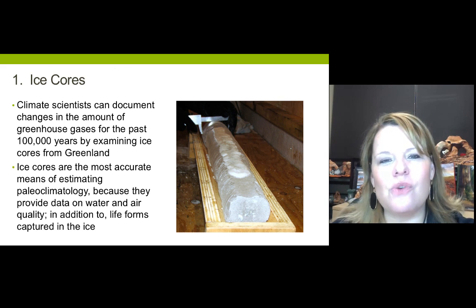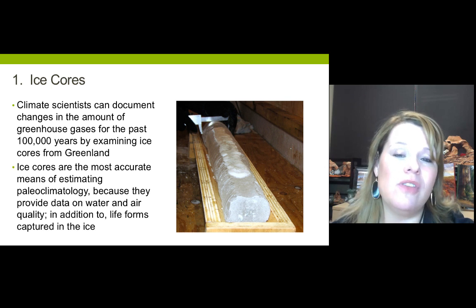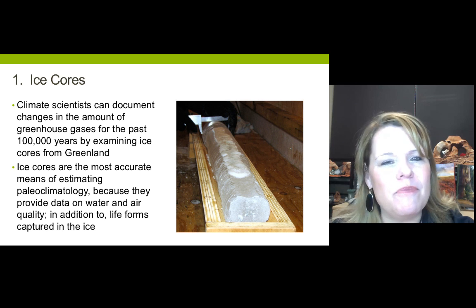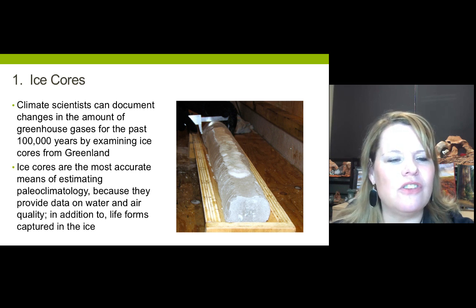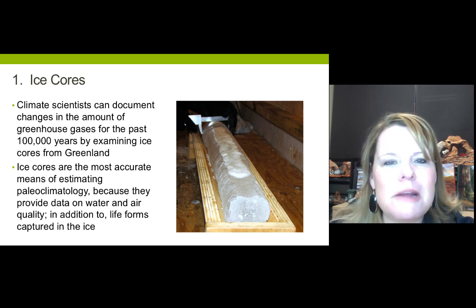Let's start with ice cores. As I mentioned earlier, Greenland has the best ice core record, better than Antarctica. That may be surprising. But climate scientists can document changes in the variations, volumes, and concentrations of greenhouse gases for the past 100,000 years. You're thinking, why isn't it a million years?